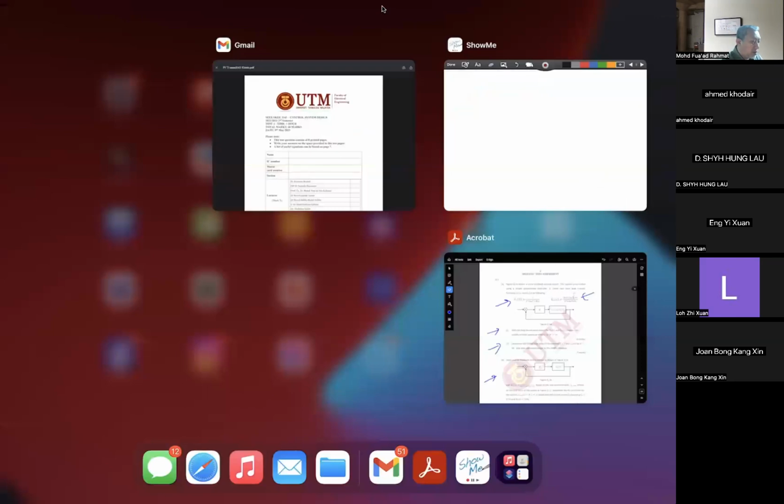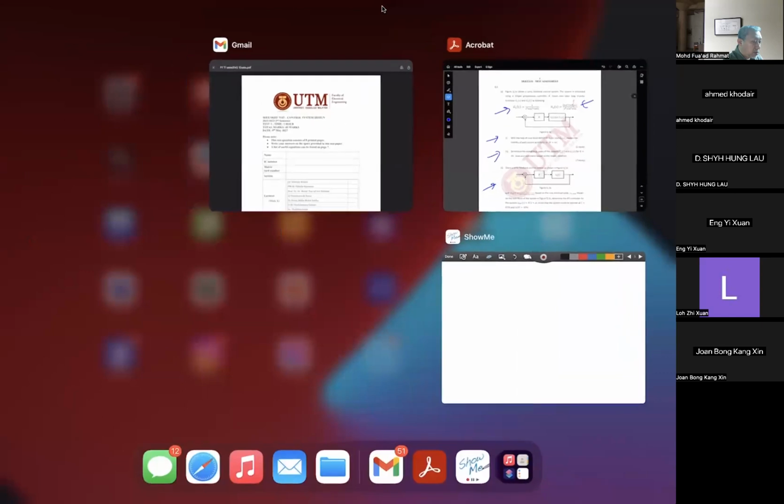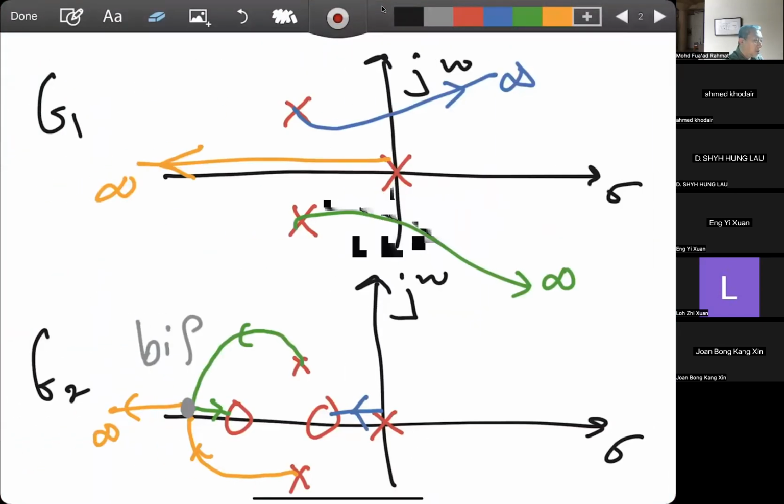Right. The question said to explain the stability of the system as K goes towards infinity, with the root locus sketch for G1 and G2. There I already explained the stability of each. Can you see the explanation there? If you look here, K equals 0 until here, K critical.